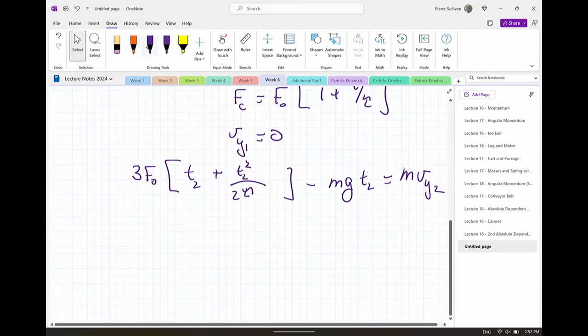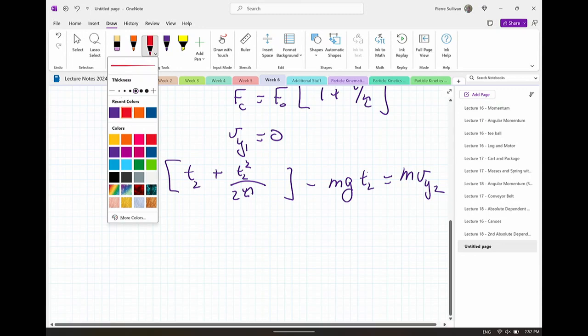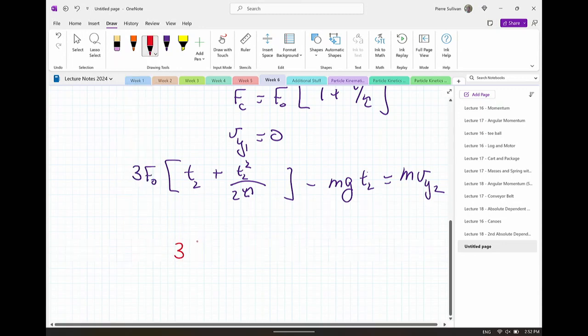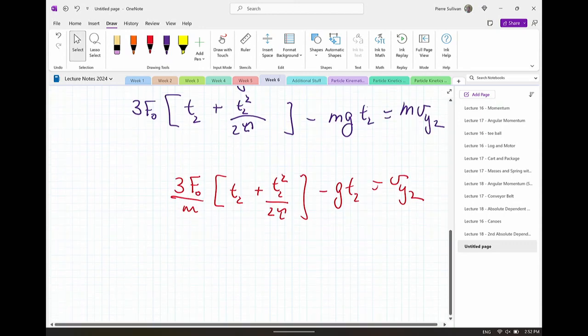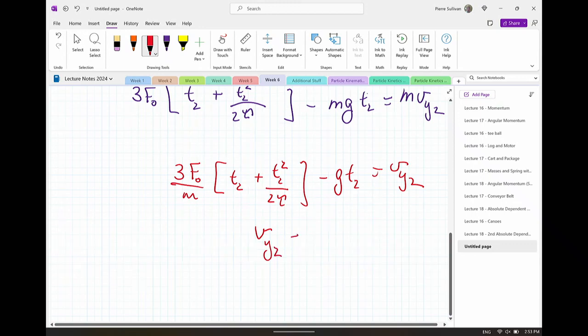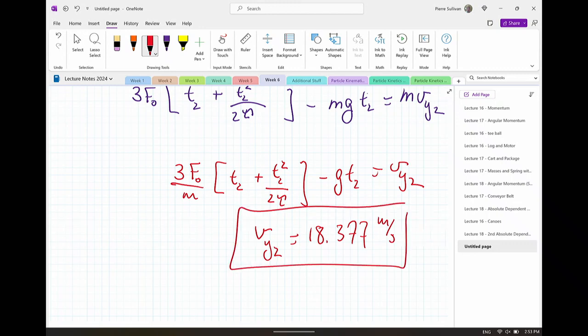So lining everything up, I end up with this expression right here, which is just the final velocity in terms of t2, and 18.37 meters per second.